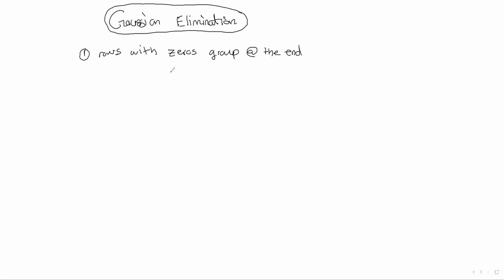Basically, you stack them towards the end, and then it says, okay, once you have done that, the next row, or the first row, must have a non-zero number as a leading one.